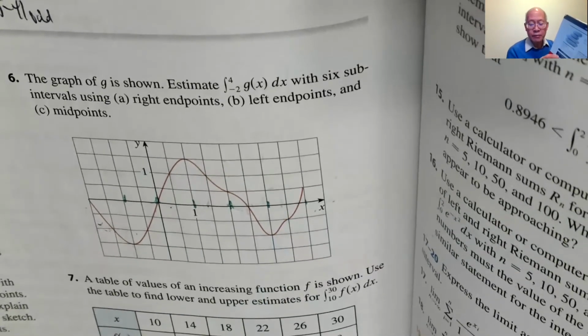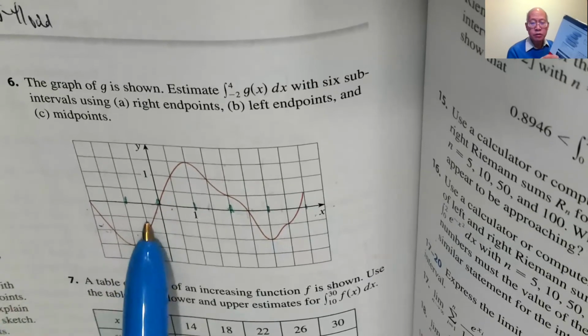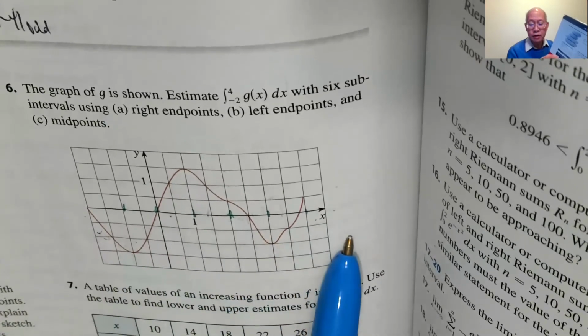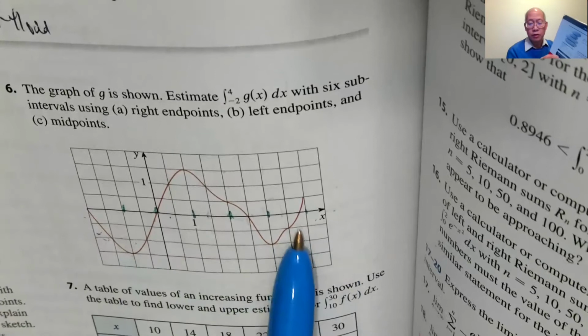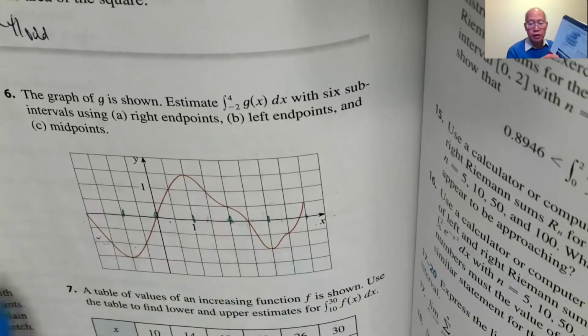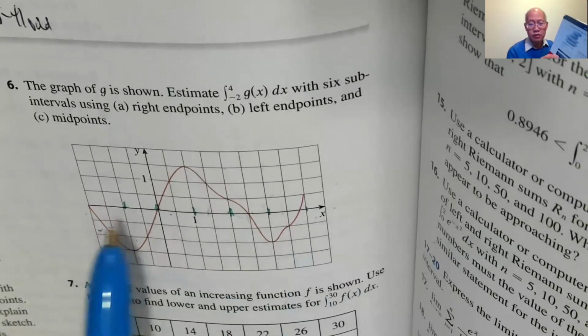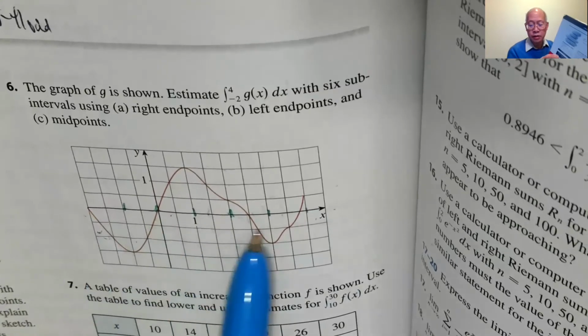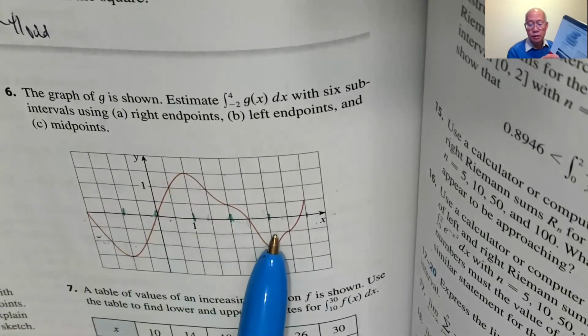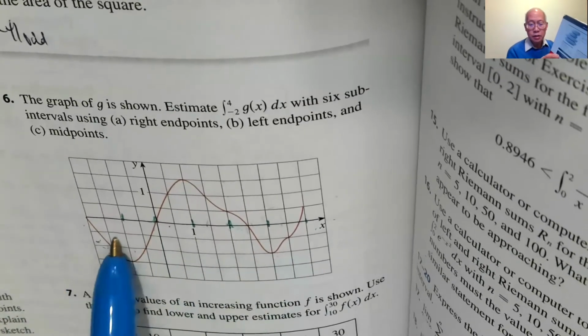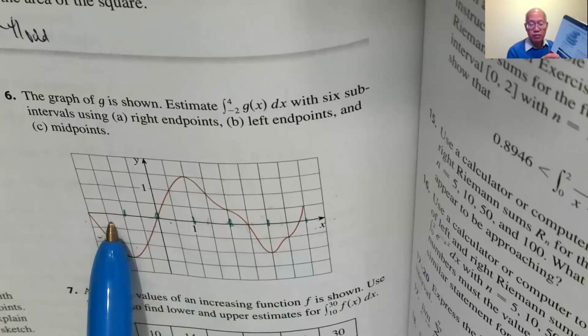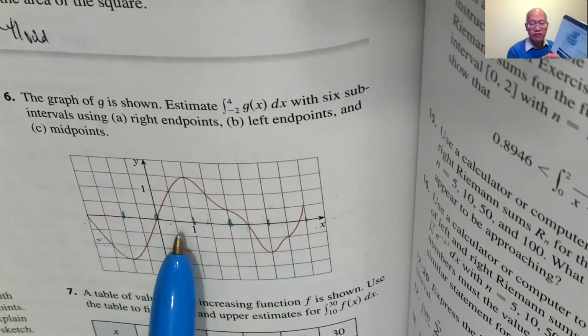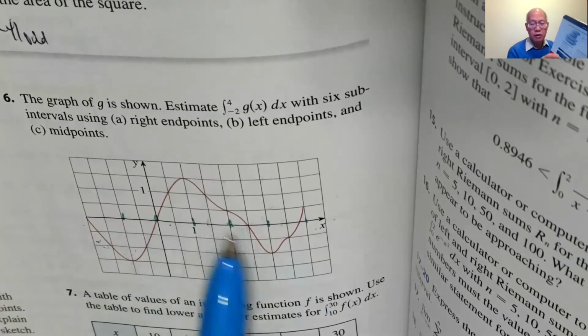Okay, so the right endpoints are at -1, 0, 1, 2, 3, 4. Left endpoints are at -2, -1, 0, 1, 2, and 3. The midpoints are -1.5, -0.5, +0.5, 1.5, 2.5, and 3.5, which is going to give me these.